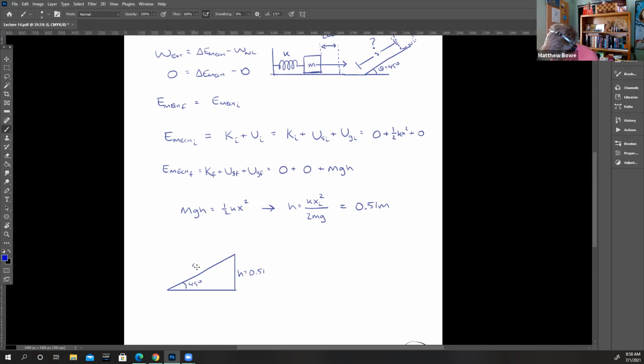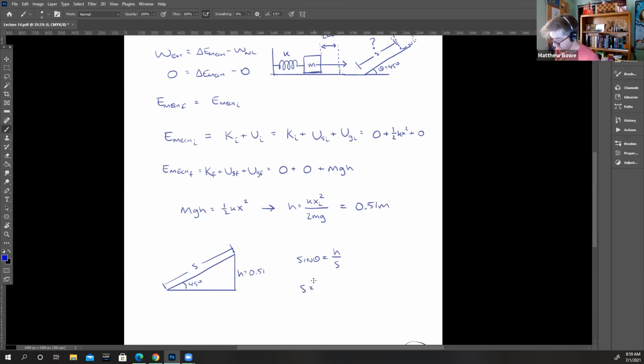And we want to know the distance along the ramp. We want to know the hypotenuse of this triangle. We have an angle, we have one side. That's just pretty simple at this point. We know that sine of an angle is equal to opposite over hypotenuse.